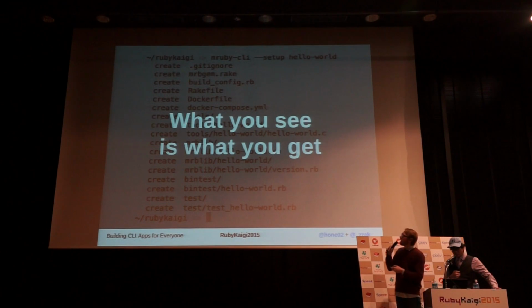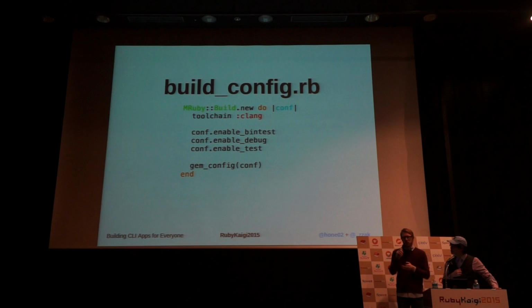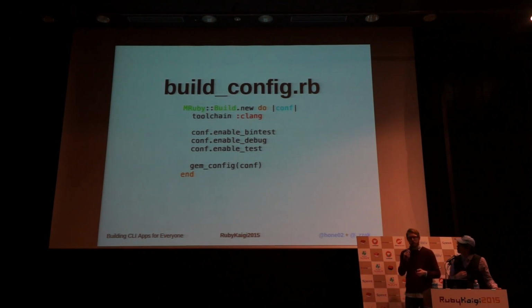And so the first file is the build config file, and this is really how we orchestrate the mruby compiler to do all the things we need. And we have a bunch of different targets in here. The first target is to run on the native Linux hosts. We'll get to the host environment in a second. But for the native host, we just use Clang to basically adopt the system.